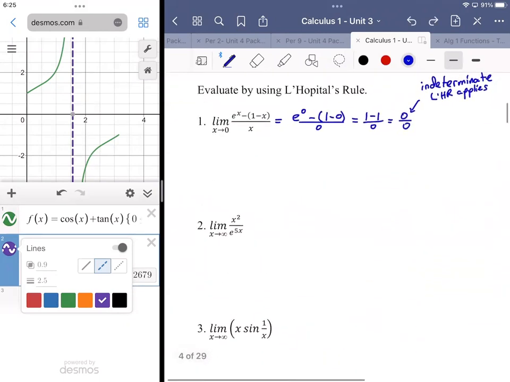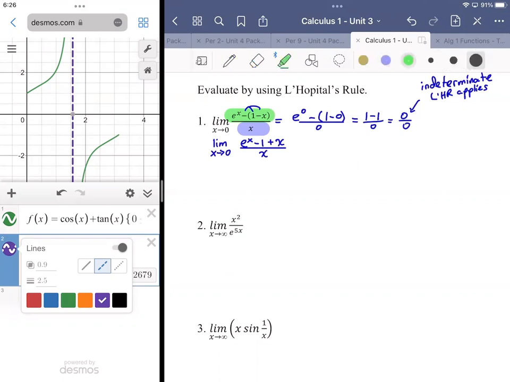So I'm going to take the derivative of the top and then separately the derivative of the bottom and then reapply the limit, right? But before I even do that, it makes sense to do a quick distributive property here: e to the x minus 1 plus x, over x.